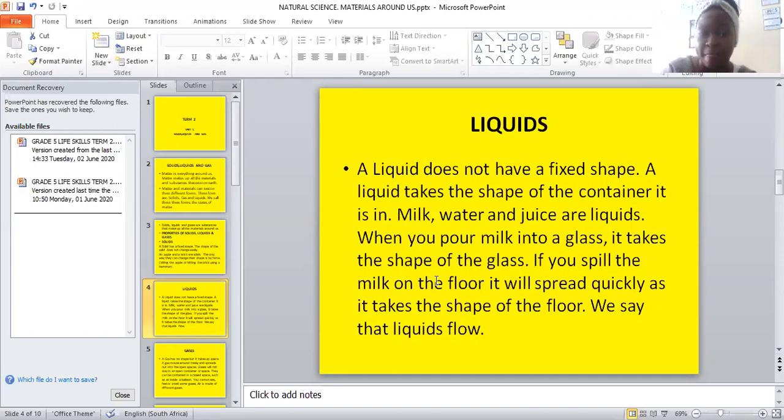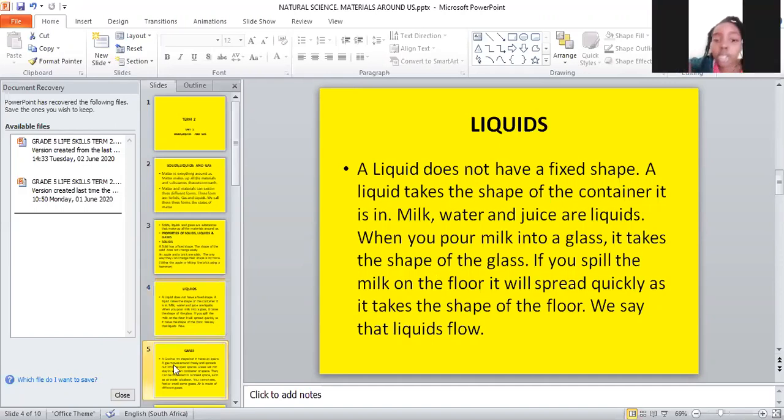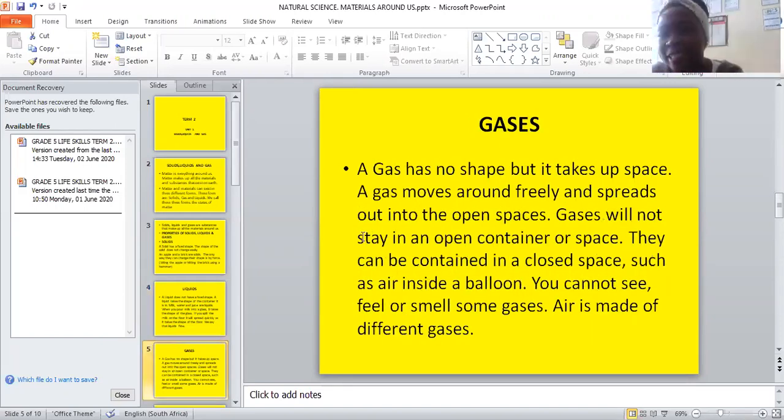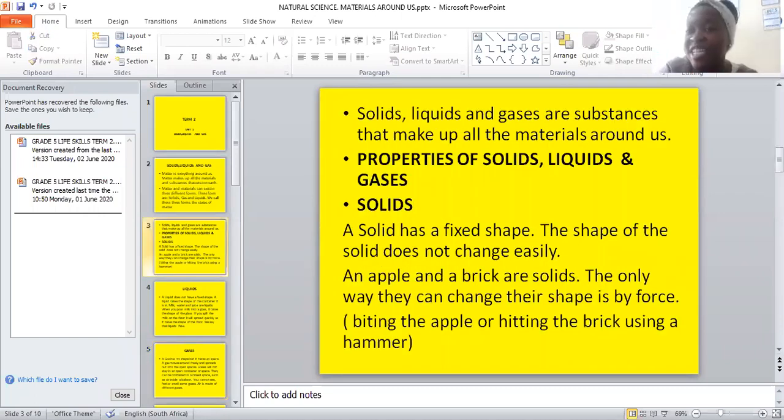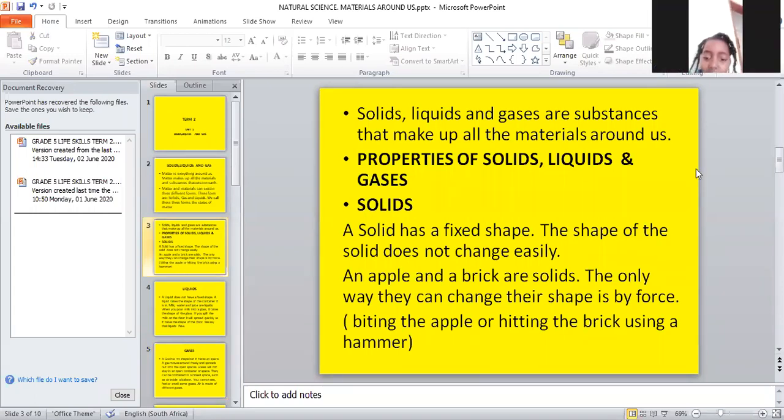Okay, the last one, gases. Who's answering the last one? Yes, you were raising your hand. Someone is raising their hand. Yes. Then I look for you.